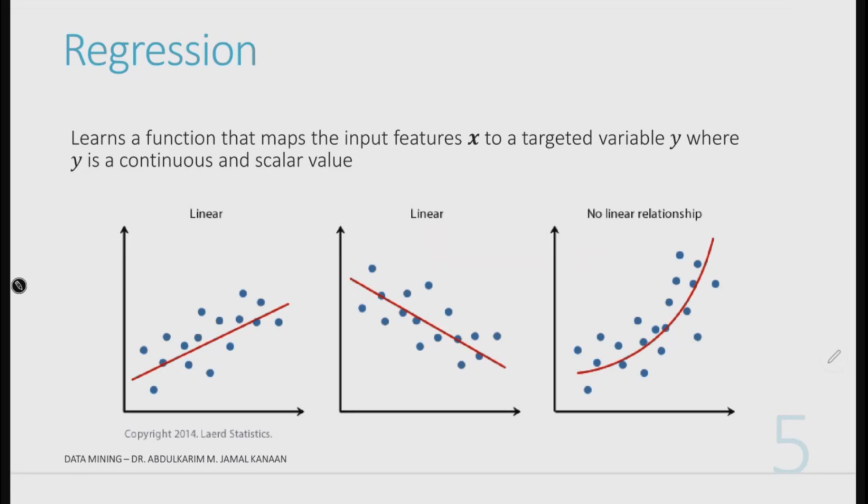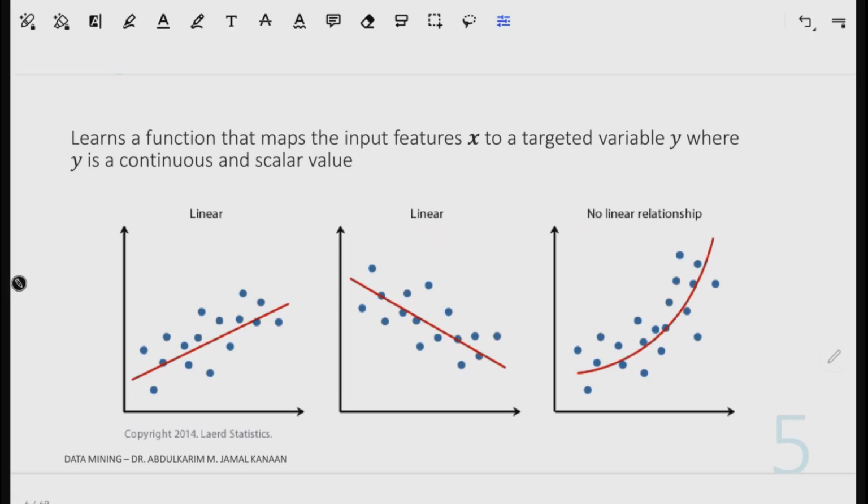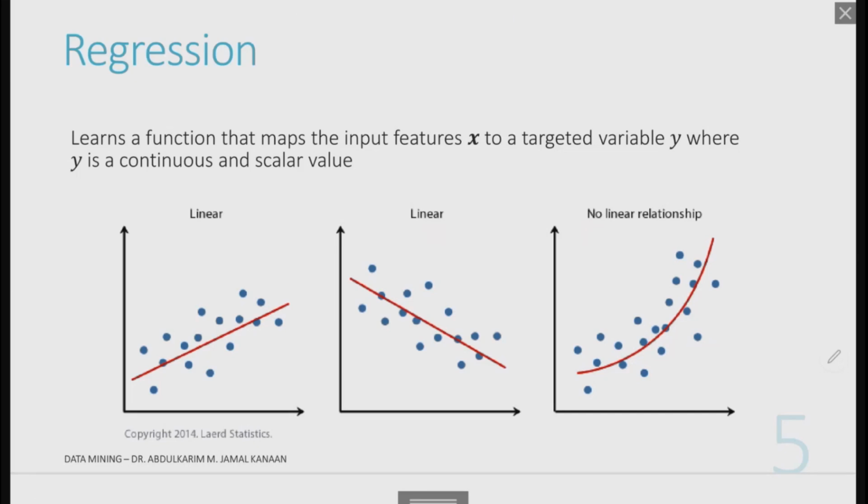So here they're showing you examples where you have probably a linear or nonlinear relationship. The relationship between variables can be linear, can be nonlinear. So what do we mean by linear? Linear simply means the model you find is represented by a straight line. So if this is the case like these two, then we call it a linear relationship.